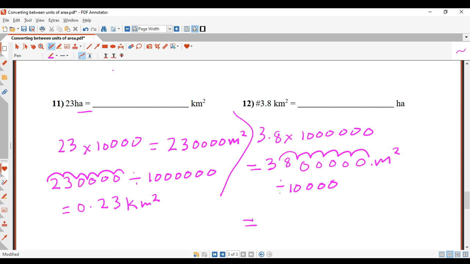Let's do that in a different color. So I'm starting there going 1, 2, 3, 4. It'll be 380 hectares is my answer. Okay, that's the lesson for today.